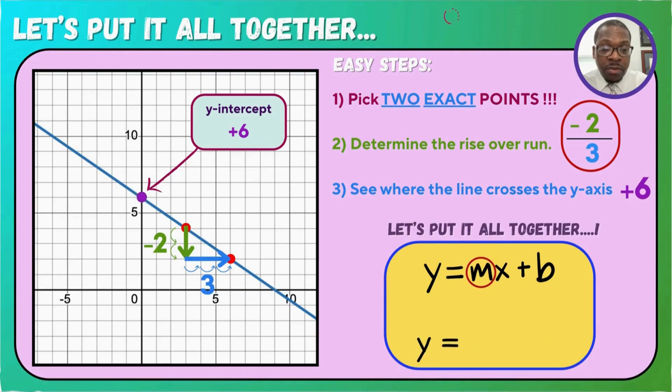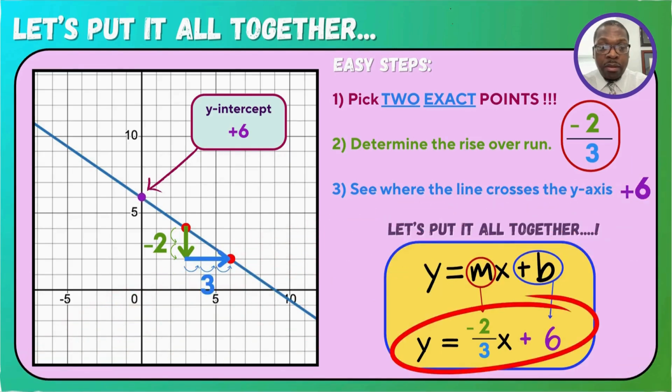Our slope means rise over run. In this case, we got -2/3, so we're going to put -2/3 x. Now we just need to put our y-intercept. And our y-intercept in this case crossed at +6, so we would put down +6. And we're done. That's it. y equals -2/3 x plus 6.